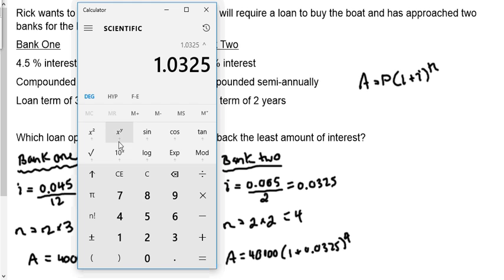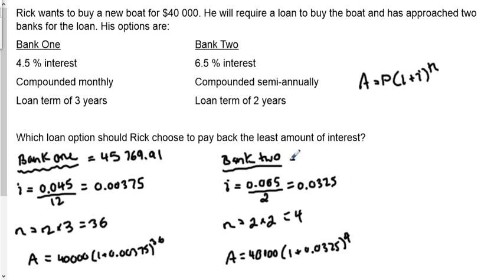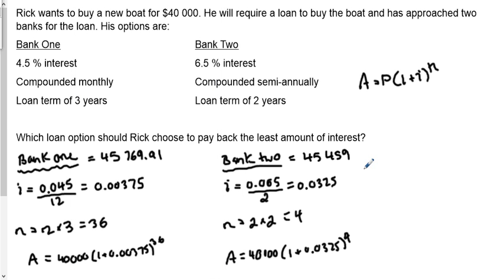I'm going to be raising that to the exponent of 4. And I'm then going to multiply that by 40,000. So I get $45,459 and 4 cents.